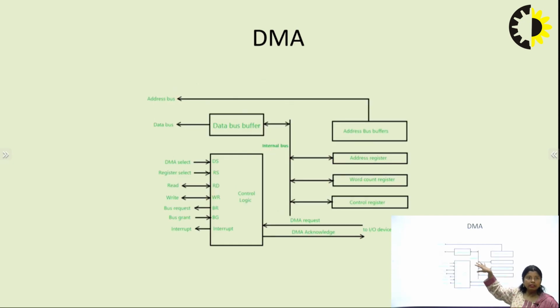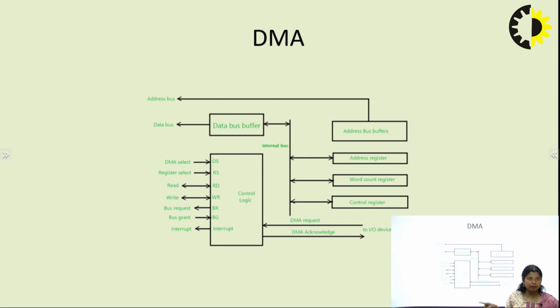This is the overall DMA controller. We can see there is a control logic, or DMA controller. There is a data bus buffer, which is connected with the data bus. There is also an address bus buffer. This address bus contains the address of the file you are going to transmit.